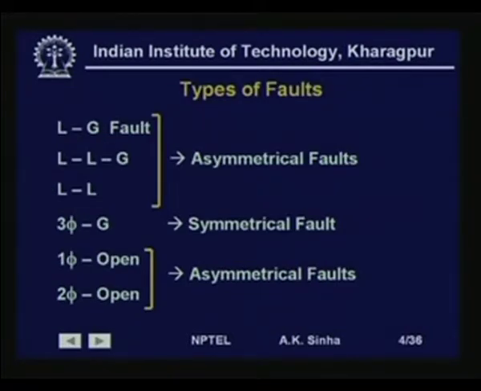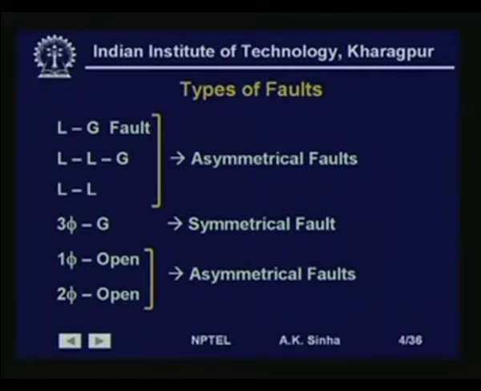As we had discussed earlier about the types of faults, the most common fault which occurs is line to ground fault. The next most common are double line to ground, or line to line faults.